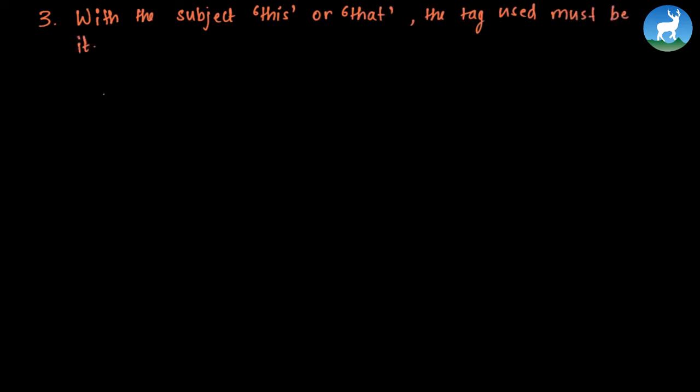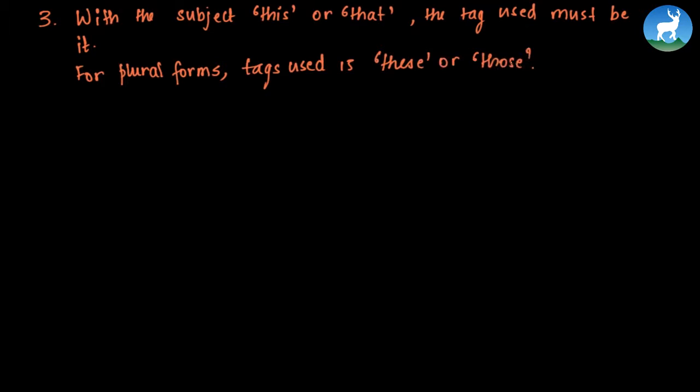Moving further, with the subject this or that, the tag used must be it. And similarly for plural forms, the tag used must be these or those. Let's see some examples.